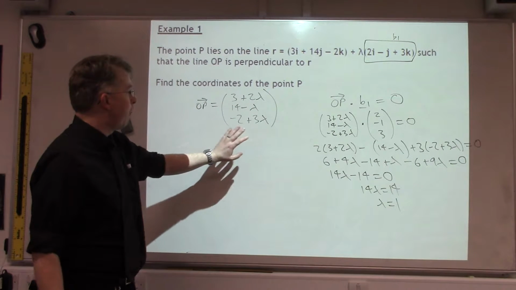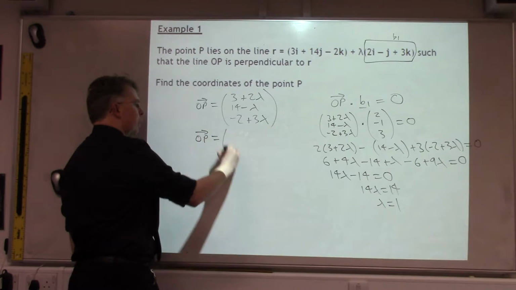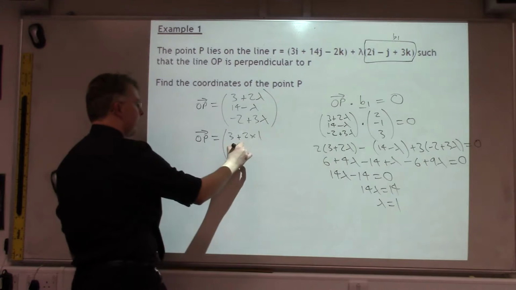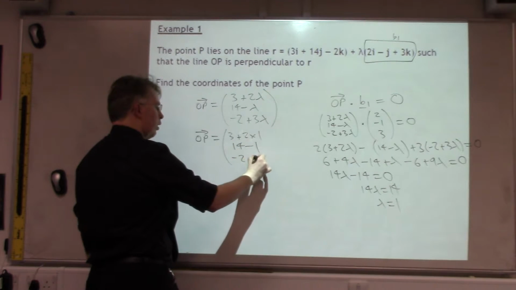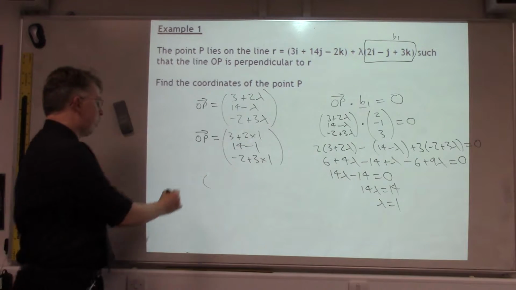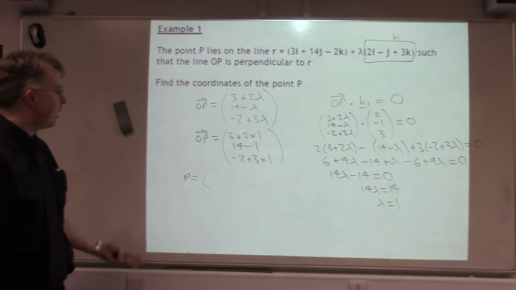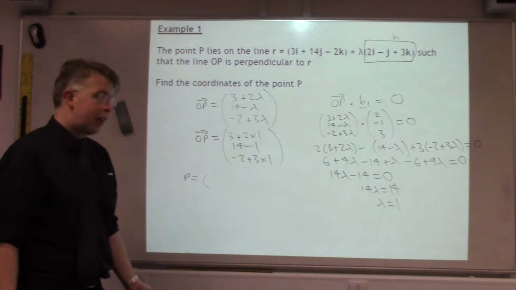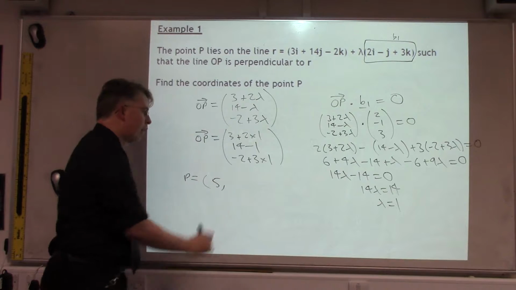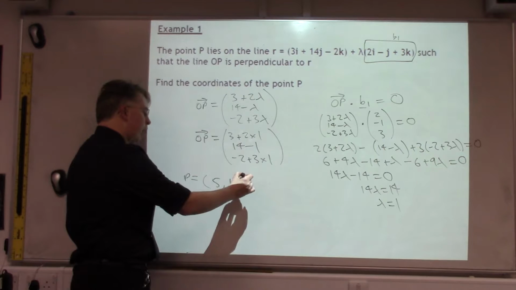From the coordinates of the point P, we put the lambda in to get the vector OP and calculate. We technically want coordinates rather than a vector, so we would write them in coordinate form, though generally if you give answers in position vector form, they will still give you the full marks. So 3 plus 2 times 1 is 5, 14 minus 1 is 13, minus 2 plus 3 times 1 is 1.